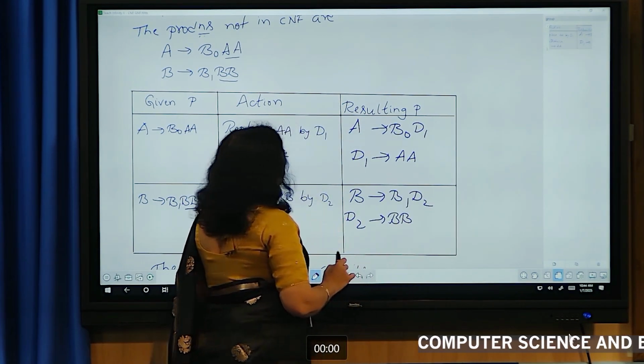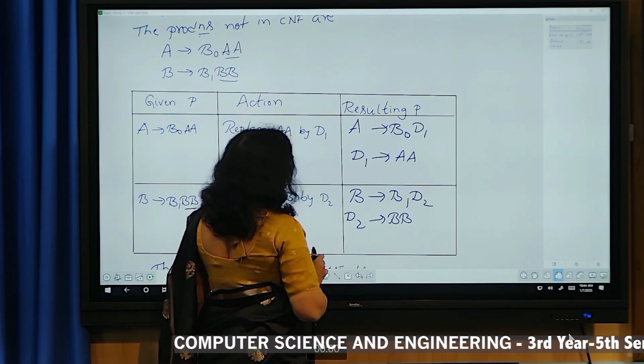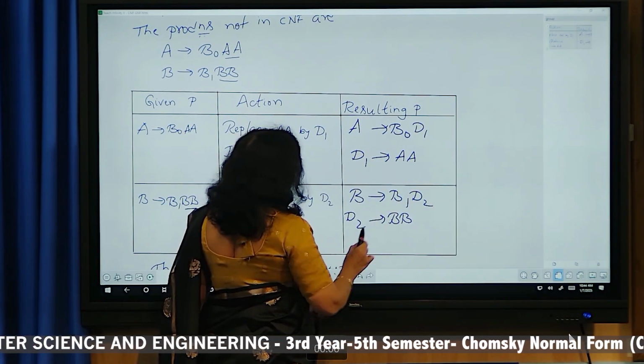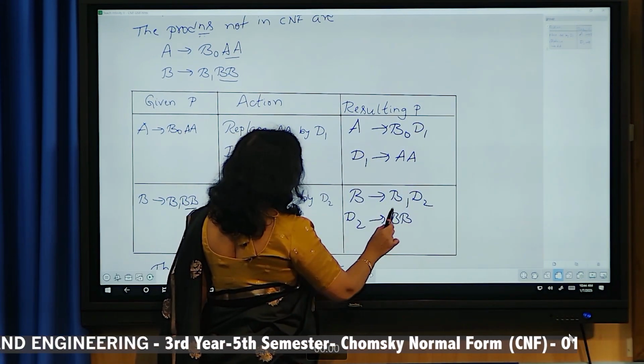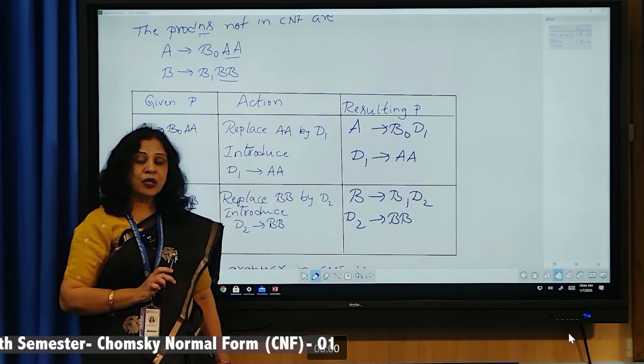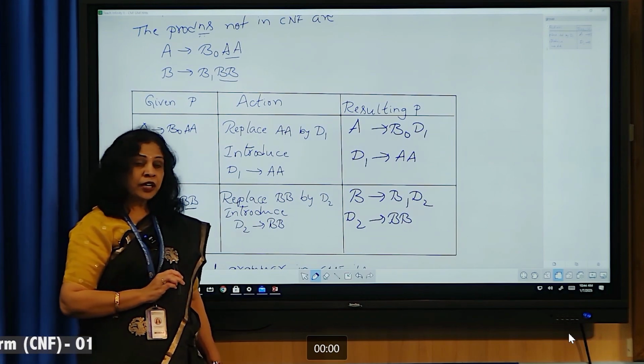Now have we got the productions in CNF? There are two variables here, yes, this is also yes, this is yes, two variables, this is also two variables. Now we have got all the productions in CNF. Now we can conclude.